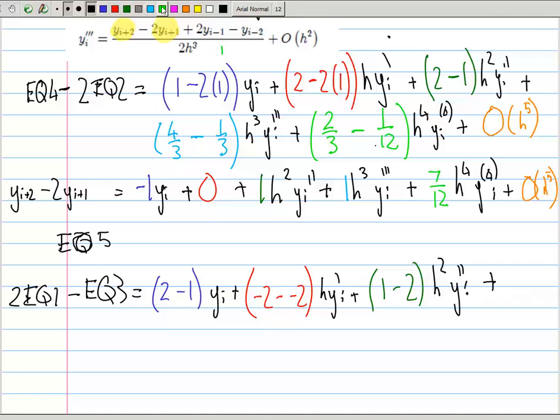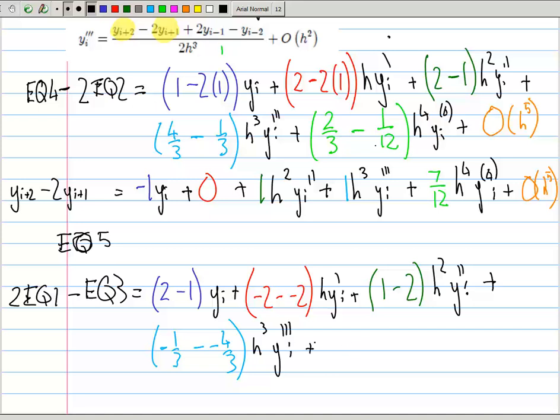Plus, and we're going to do our light blue now. Our light blue, we'll end up with minus 1 over 3 minus 4 over 3. All of this is just from the algebra of our equation, and that is h to the 3 y triple prime of i.